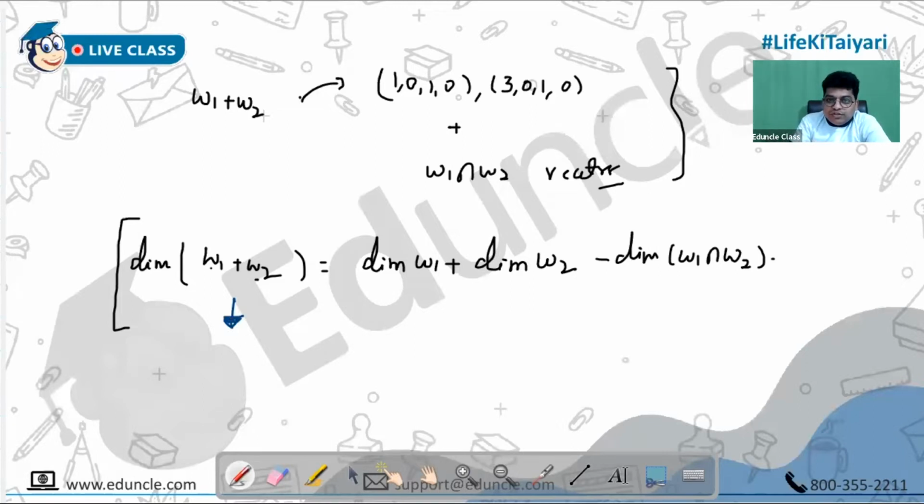If you see this one going back, this is W1 plus W2, the basis of W2 only. So W1 plus W2 is generated by this one. It means the dimension of this, as you have said for W1 plus W2, is 3.